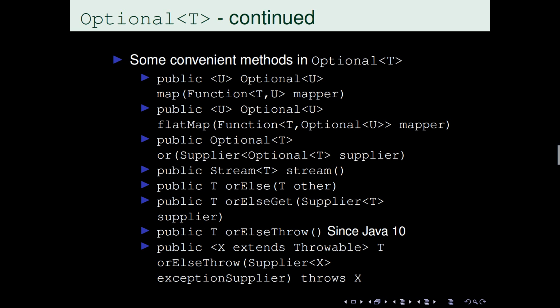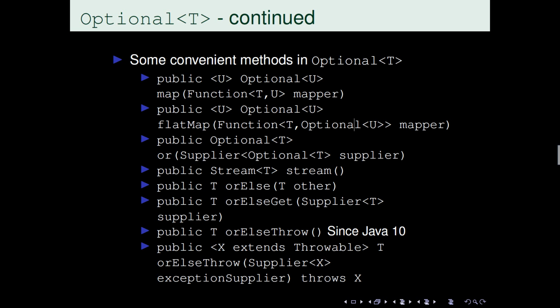In case it is empty, use this supplier to create the optional object. So convert from one optional to another optional. Then this is a method which converts it into a stream. We still have to look at streams, but getting into a stream is one thing.